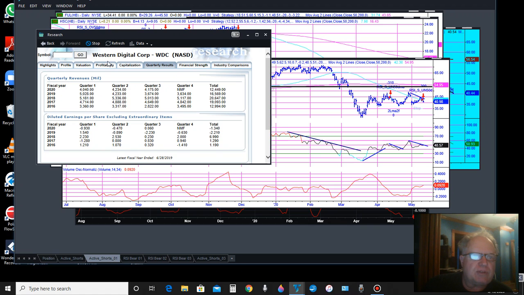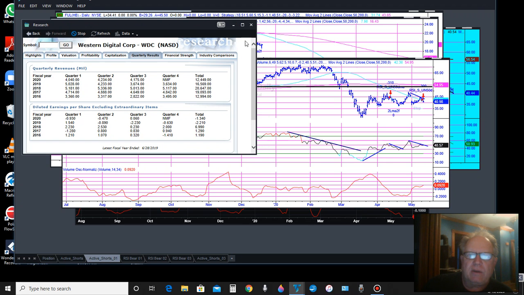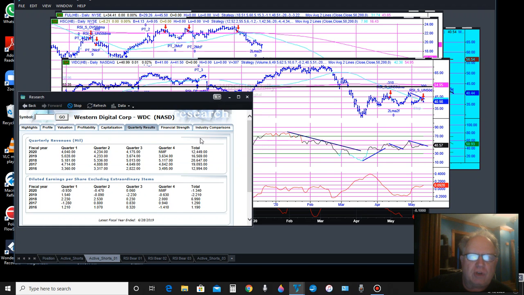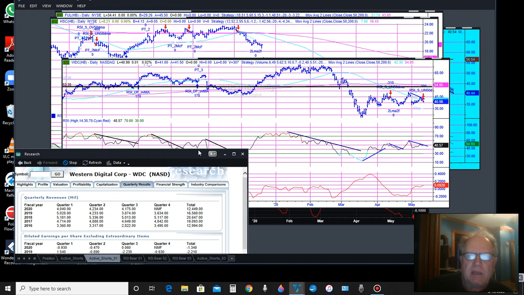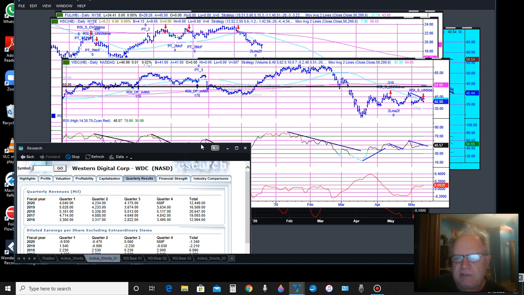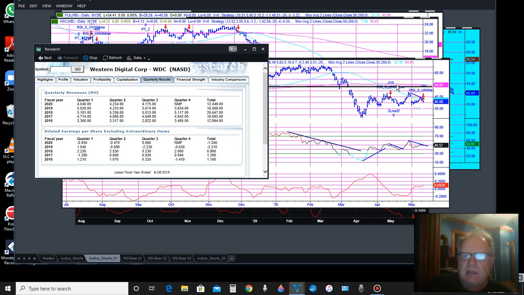Anyways, I have a short position on Western Digital. Here is the overall chart of it. It was as high as 70. Now it went down to 30, rallied up, and now it was in the 45 range. And I entered it yesterday at the open of the market, and I'm actually up $540 on this position. I have 300 shares, I believe.